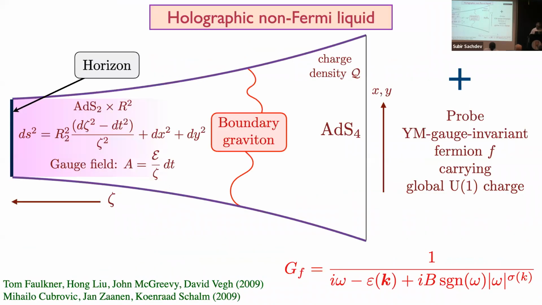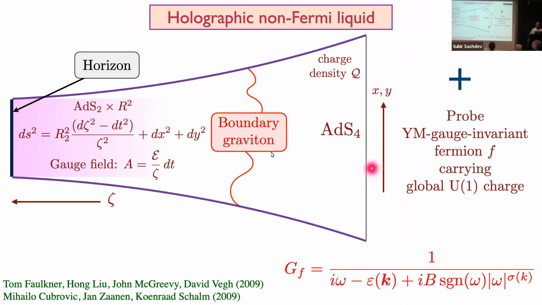Okay, so here's my one black hole slide. So how do we address this? Could we address this holographically? Holographically, you take, in this case, a conformal field theory, ABJM conformal field theory in 2+1 dimensions, and then you turn on a chemical potential. ABJM is dual to AdS4.